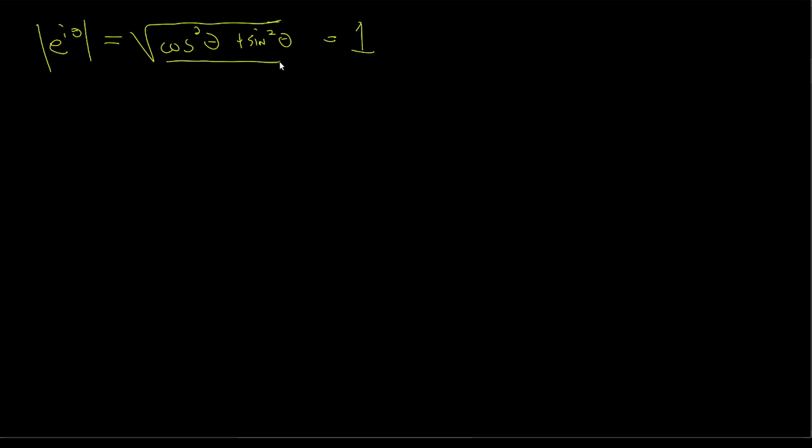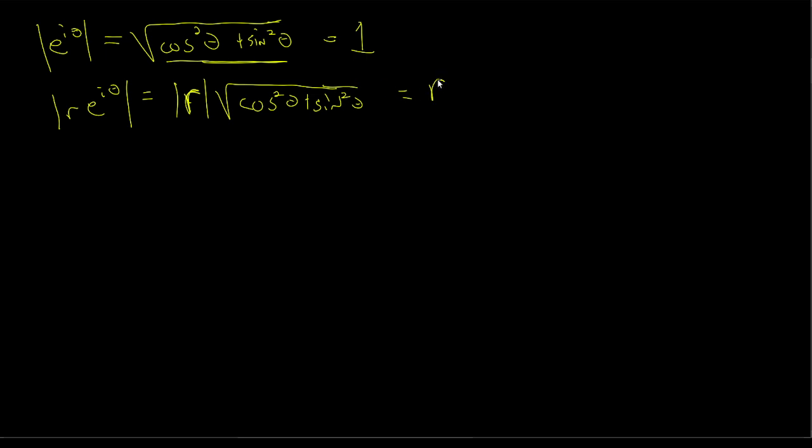Right? Pythagorean identity, we get 1. So if we take the magnitude of anything in polar form with its radius times e to the i theta, then that's going to give us the absolute value of r times cosine squared theta plus sine squared theta, or we get r back.